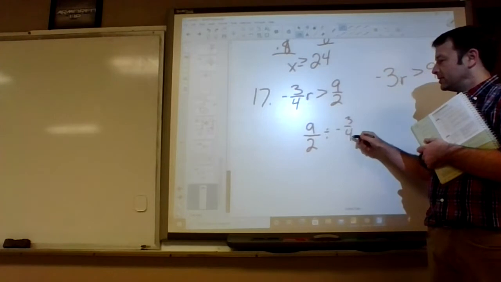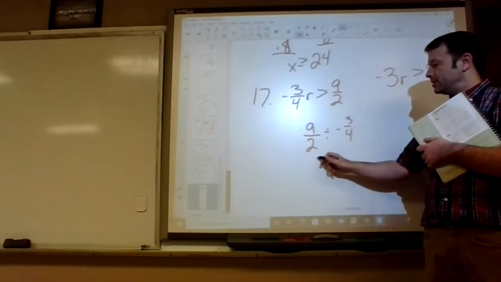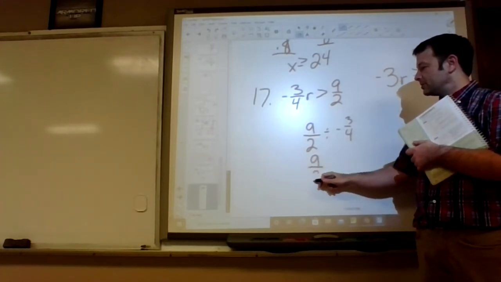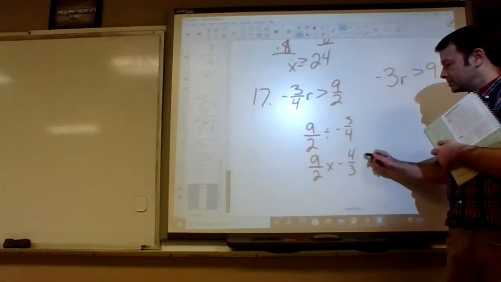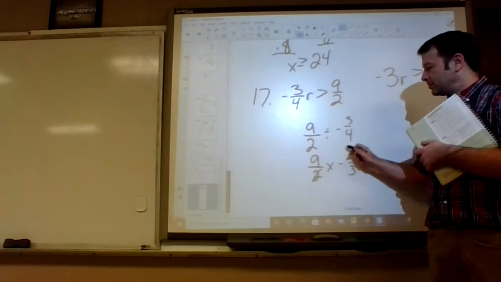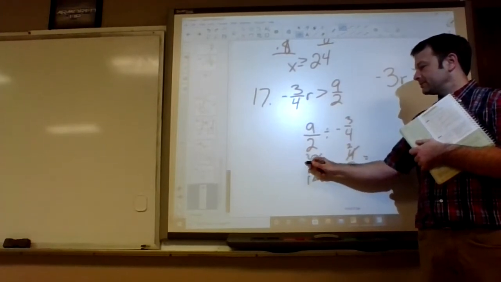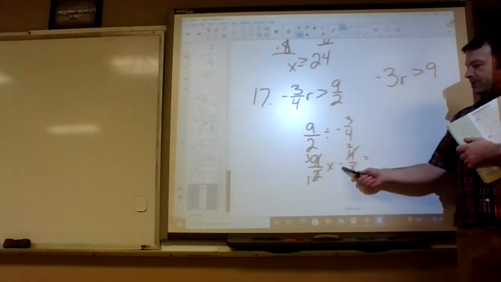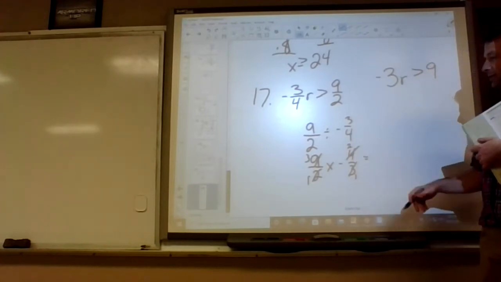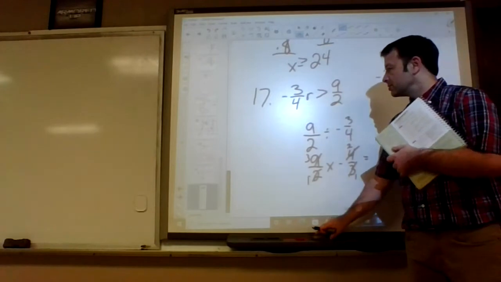You guys remember how you did this by hand last year? Times negative 4/3. Remember how those cross out like that? 3 times 2 is 6, but one negative makes it negative 6.